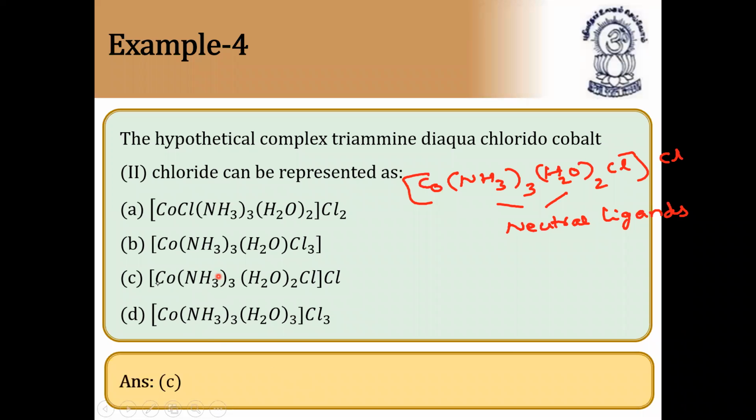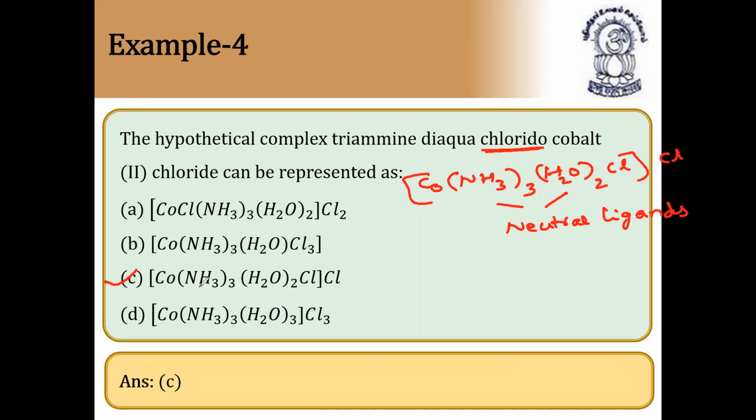It is option C. Why option C? Because cobalt(II) chloride, 2 is there. Suppose if they had given chloride 3, it could be the first option. If they had given cobalt 4 chloride, cobalt(III) chloride is the maximum, so it should be first. One chlorido is there, very important. Chlorido is kept inside the complex unit, that is the coordination entity.